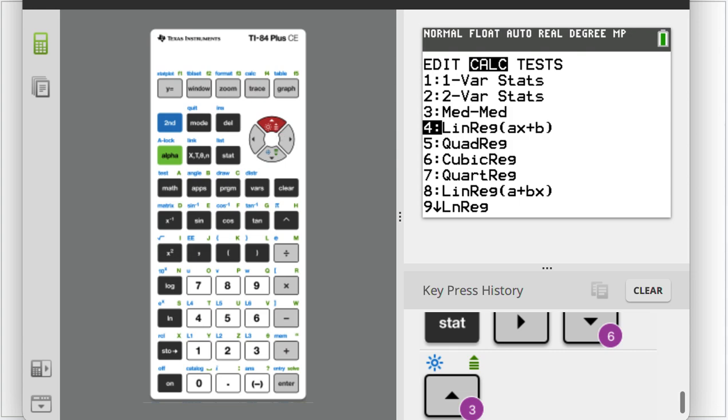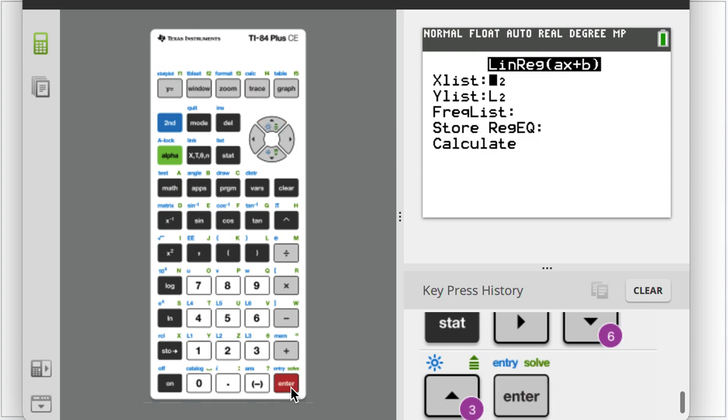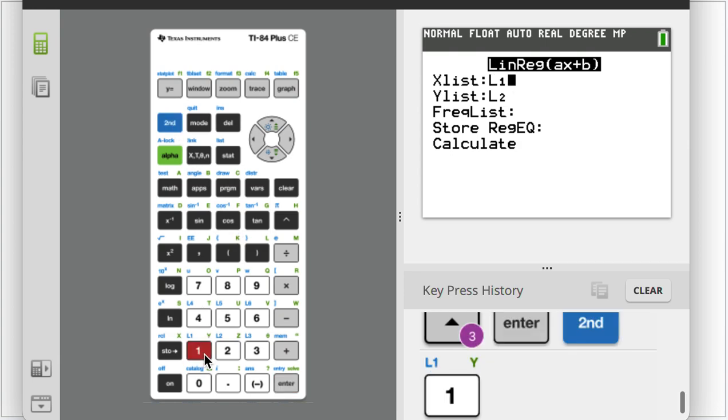Let's use 4, ax plus b. My X list was where I put my student's height, so that was L1 for me. My Y list was where I put my shoe sizes, that was L2. Don't worry about a frequency list, we don't have one. We're never going to have to store a regression equation. Maybe I'll show you that next class if we have time, but we really don't need it. So go down and hit calculate.